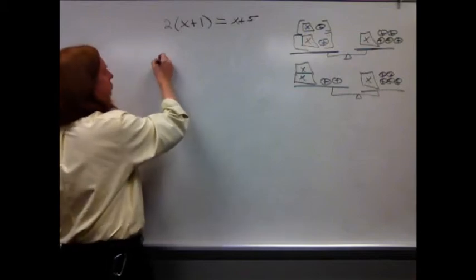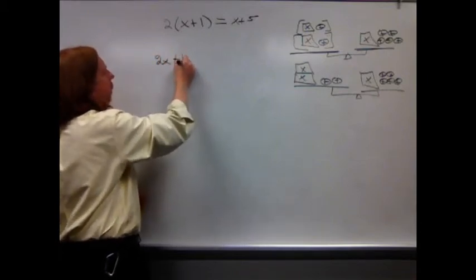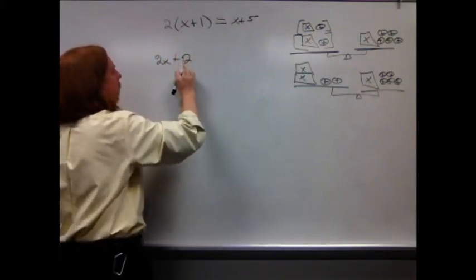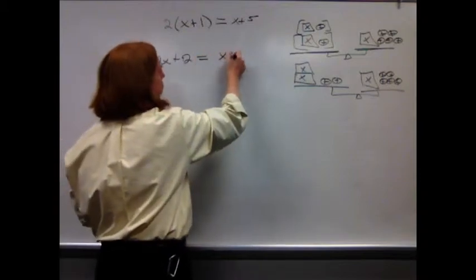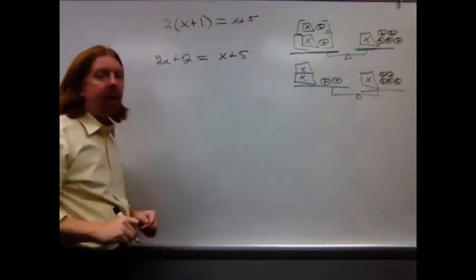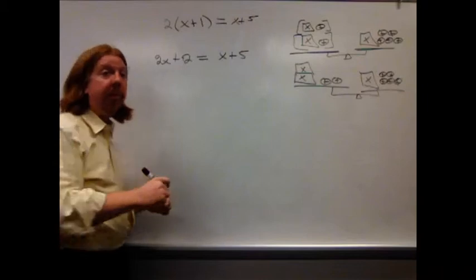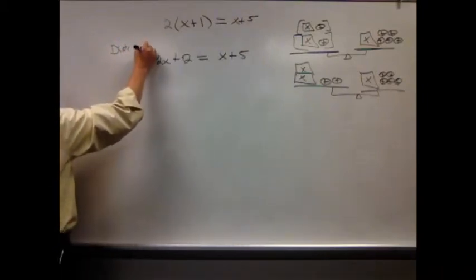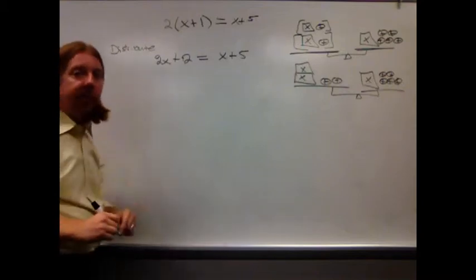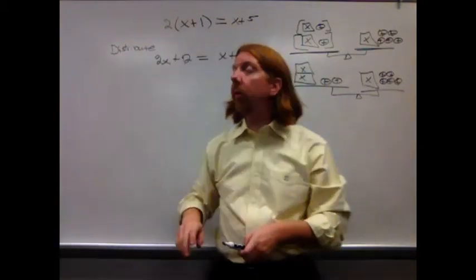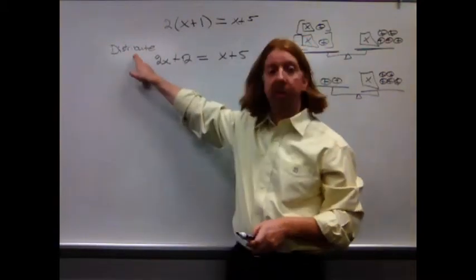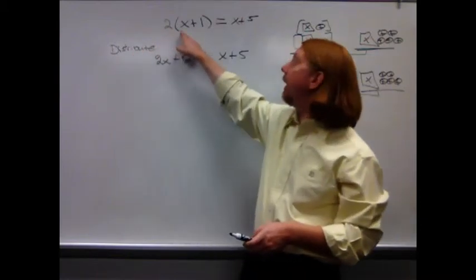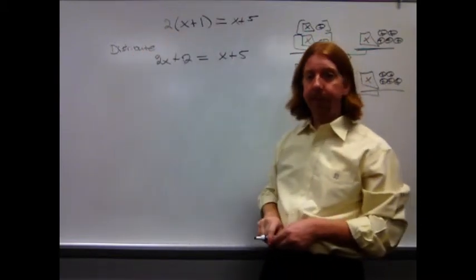So I'll distribute 2x plus 2 equals x plus 5. That was gotten using the distributive property. I'll write that over here as the step that I'm using in order to continue. To go from here to here, I distributed. I multiplied out using that 2.